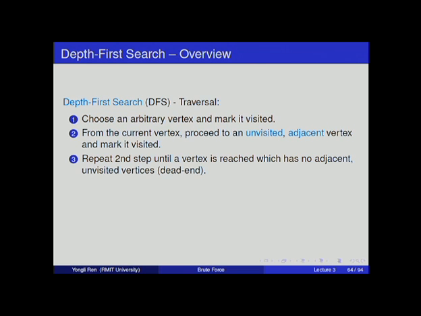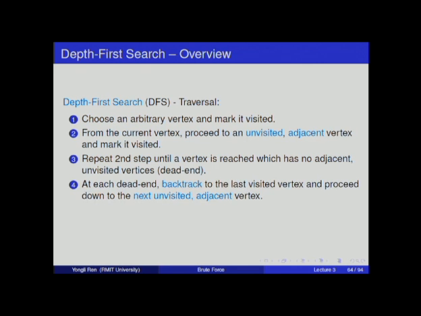I go from A to B. I'm standing at B and look at all those unvisited adjacent neighbor nodes. Pick one and go next. So it seems I go down to somewhere, down, down, down. So that's depth, the depth first search. And then at each dead end, which means when you go to one node, all the neighbors are marked as visited, or there are no neighbors, you backtrack to the previous node and find the second neighbor in there not visited, and it goes that way.